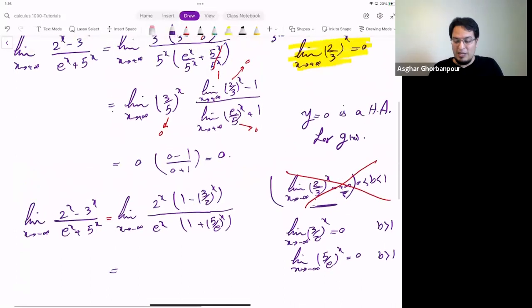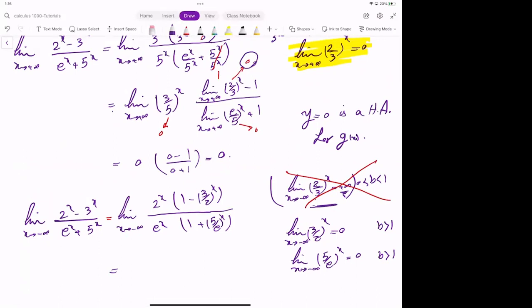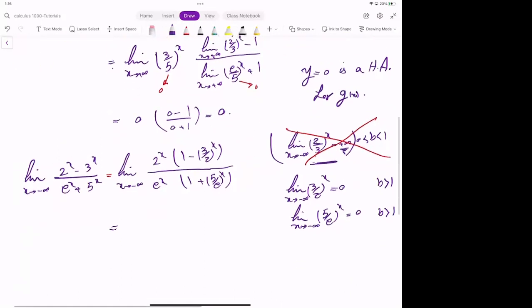But I'm looking for cases which give me a number so that I can use limit laws. Oh, okay. Yes, that's why we go with this one.